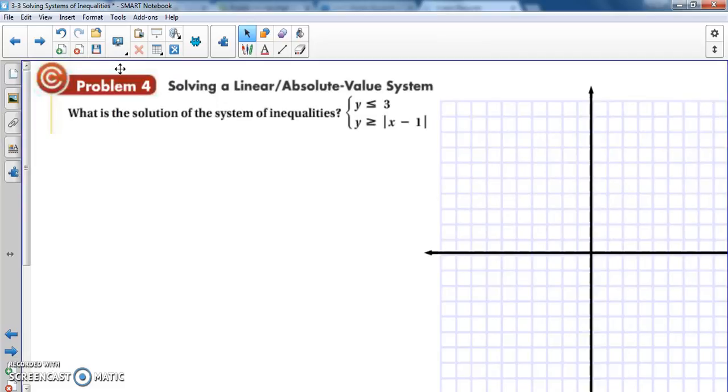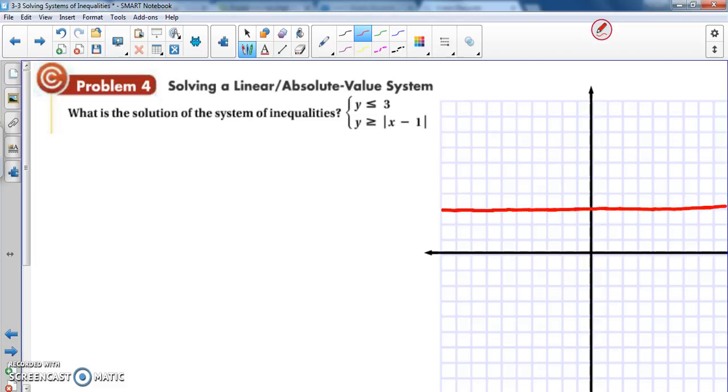Our first inequality is y is less than or equal to 3, which is a horizontal line at y equals 3. I'm going to make a solid line because it's less than or equal to. And where are the values that are less than or equal to 3? Below.